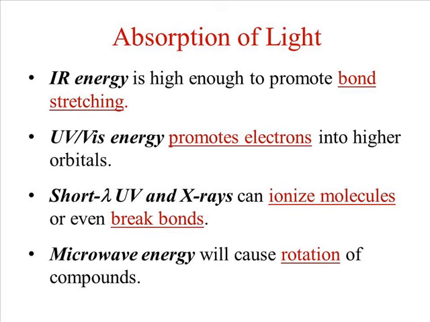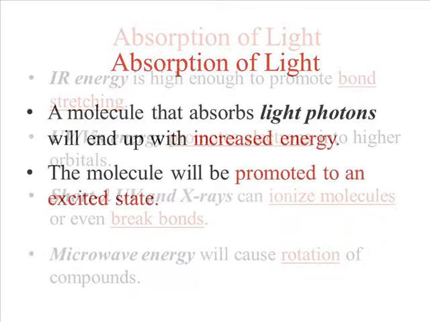This promotes electrons to higher orbitals and gives off different frequencies of light. Your short UV light and X-rays will actually ionize molecules and break bonds. And this also gives you energy results that can relate to bonding. And then your microwave energy will rotate compounds and give you energy about rotation of bonds.